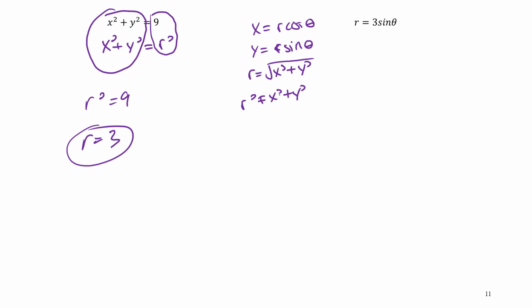So for this one, we can multiply r on both sides. And you would get r squared equaling, on the right side, 3r sine theta. And then, if you remember, r sine theta is equal to y. So r squared equaling 3y.